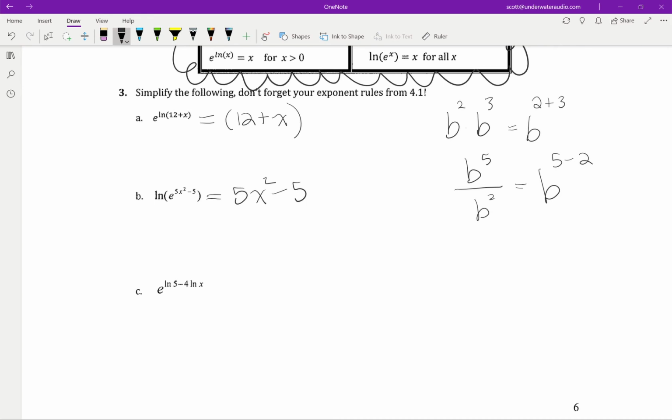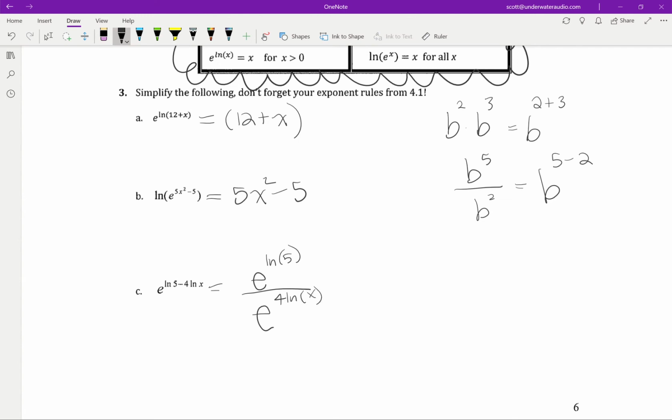So I have a base, in our case e, and then something minus another thing. So I'm basically using this rule, but I'm going backwards from what you would normally do. So if I go backwards, I think I have e to the natural log of 5 on the top, and then e to the 4 natural log of x on the bottom.